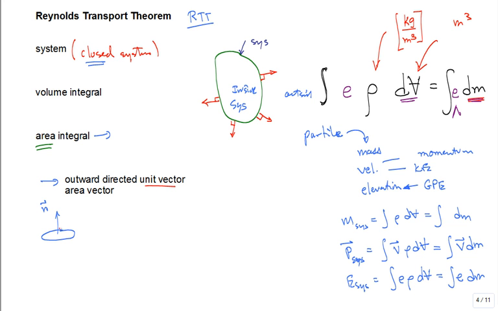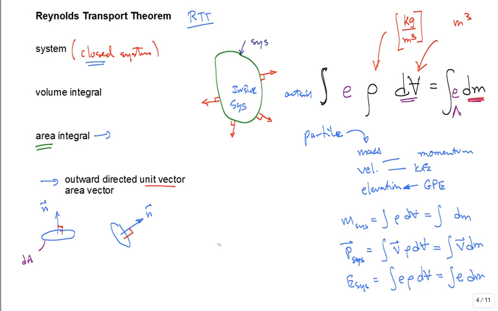I'm trying to emphasize it's perpendicular to the little dA. Some other area is oriented like this. True? And what would the outward directed normal vector look like? Something like that. It'd have to be perpendicular to the local area.